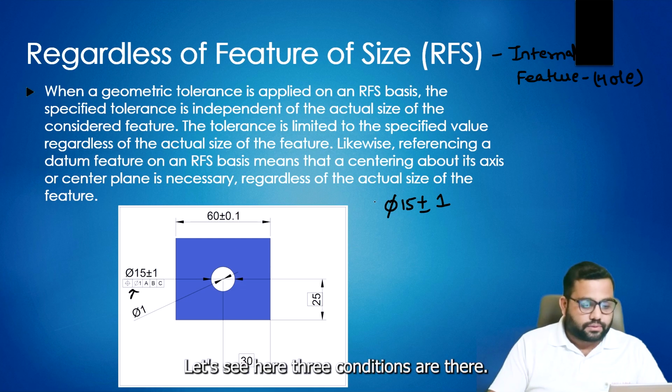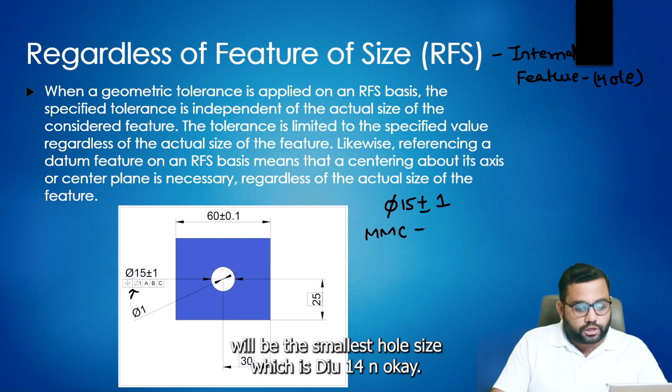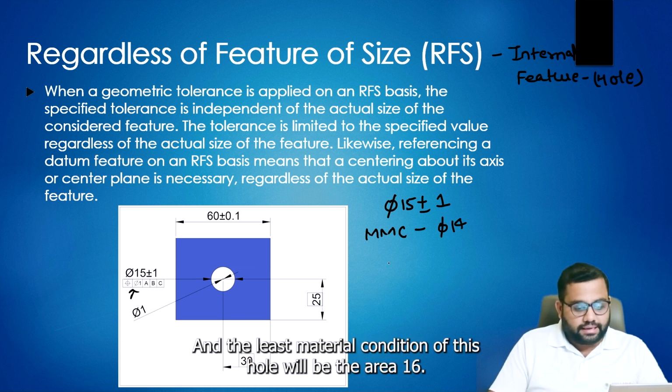What is the maximum material condition of this hole? The maximum material condition of this hole will be the smallest hole size, which is dia 14 mm, and the least material condition of this hole will be dia 16 mm.